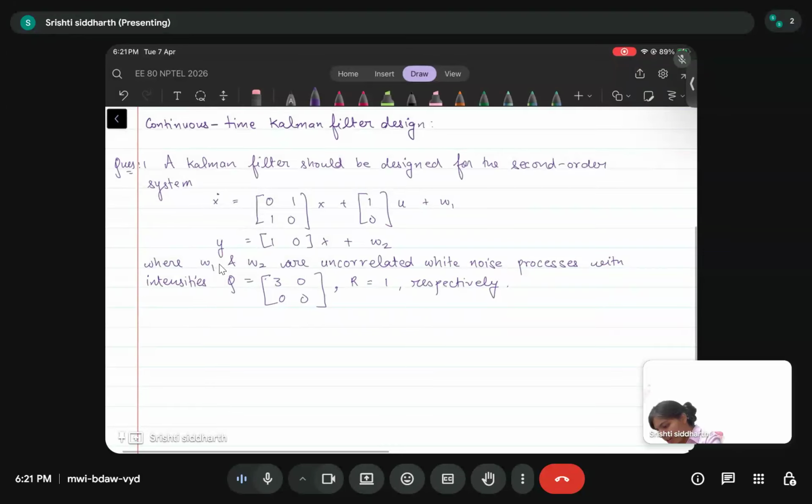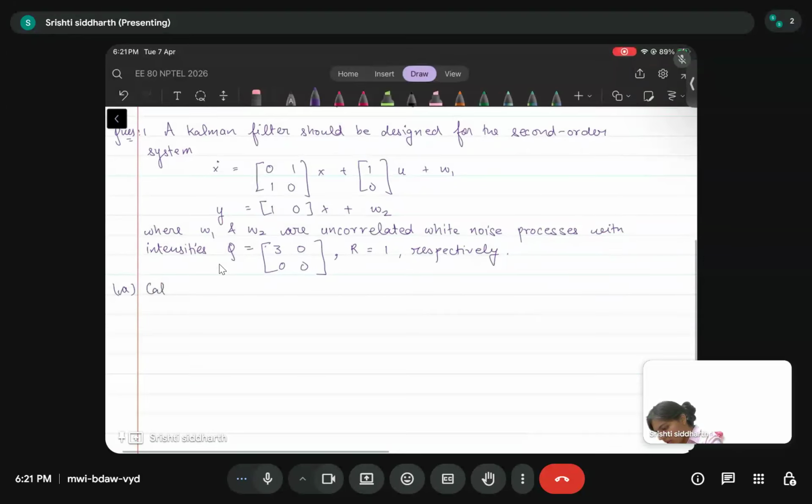So the first part is to calculate the minimum observable error covariance. That is, find the optimal Kalman filter P.